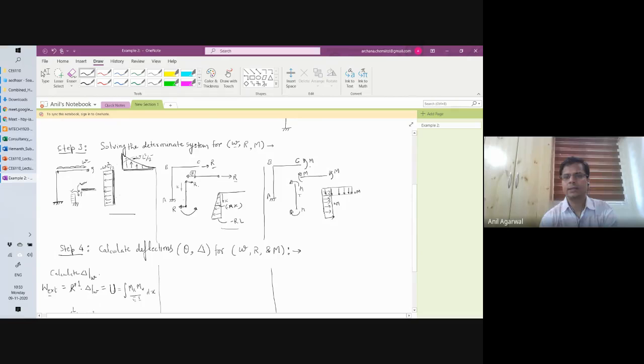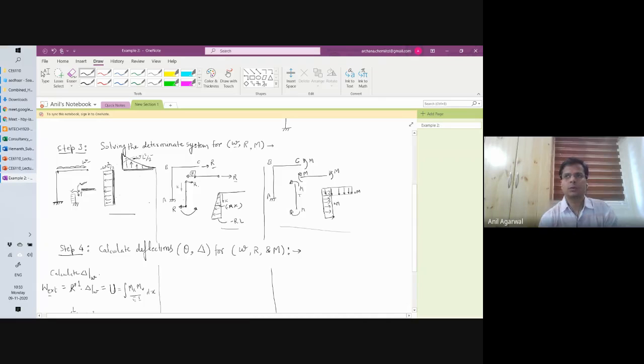This solution is already available to me, so I can simply use that. So what am I going to do? I'm going to apply this moment here, which is equal to 1, and then solve the same thing.